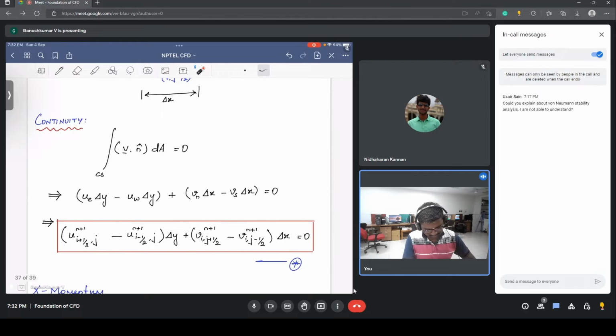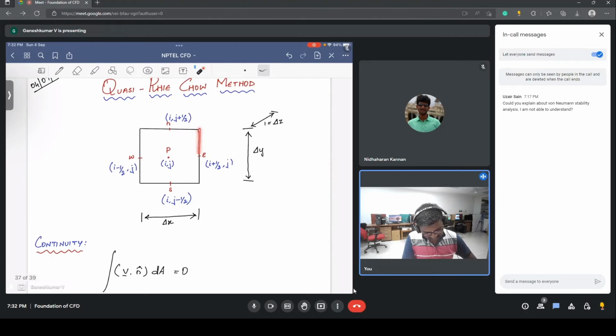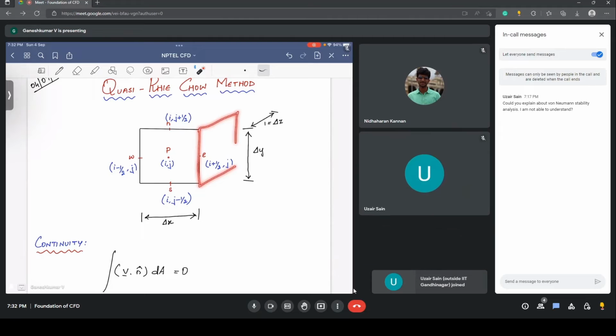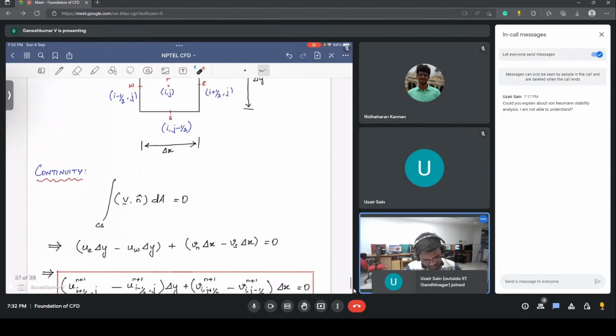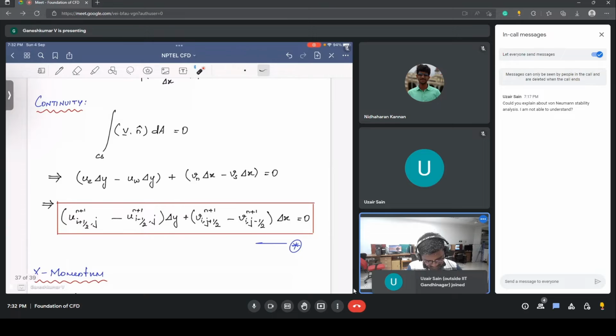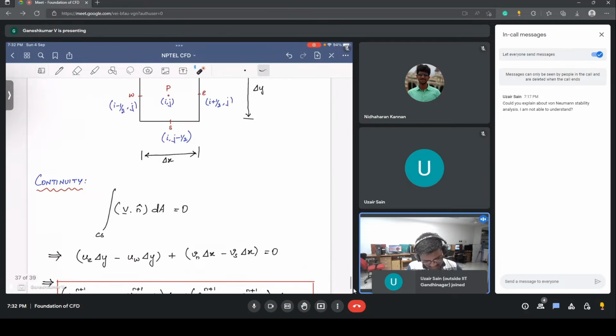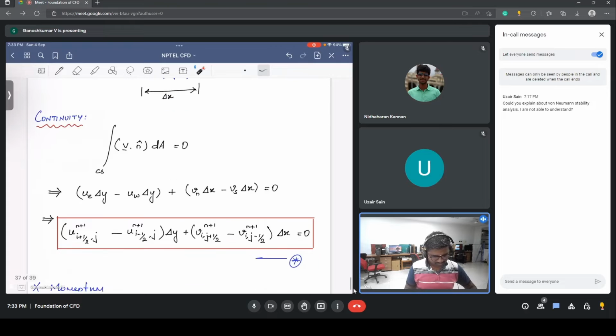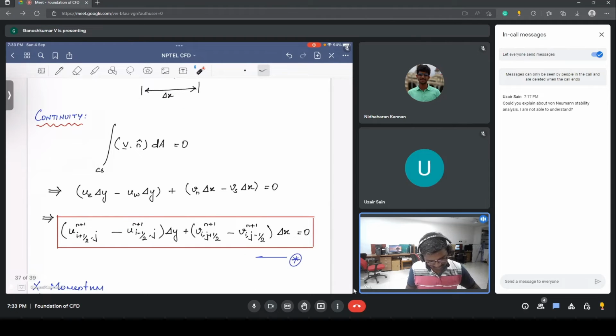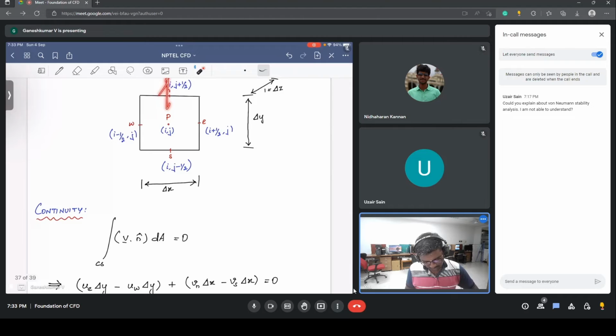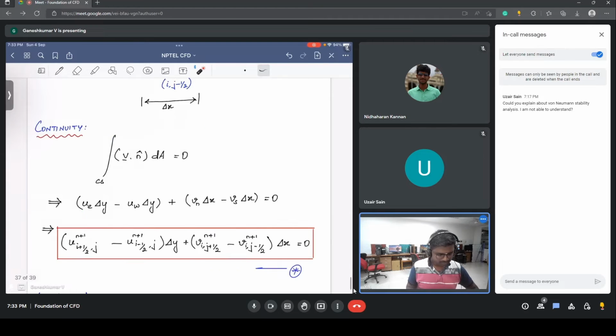At the east face the flux is going out, u_e delta y, and at the west face the flux is coming in, u_w delta y. Since going out is positive, this is negative. These things you know in finite volume; I'm just refreshing. Similarly, we have north and south, where flux is going out and coming in.